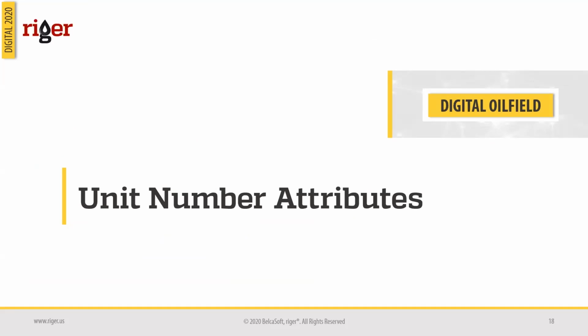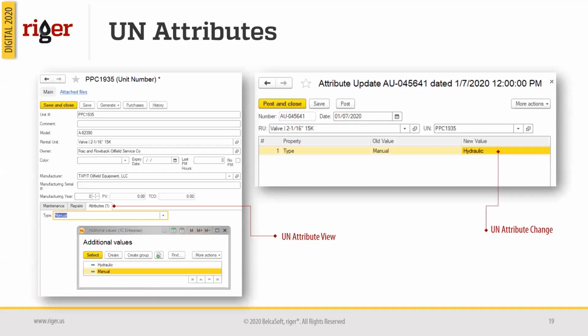The first thing I'd like to show you is an attribute, the unit number attribute, which is a specific feature you can set up for a particular item. For example, valves can usually be switched from hydraulic to manual, and you need to understand when it's done, how it works, and what the current status of the valve is.